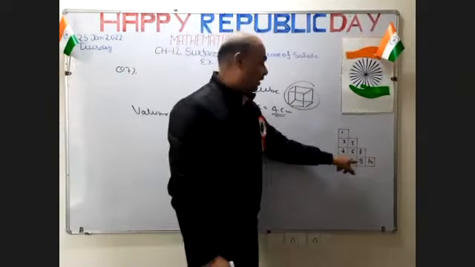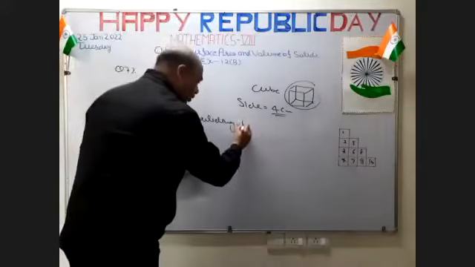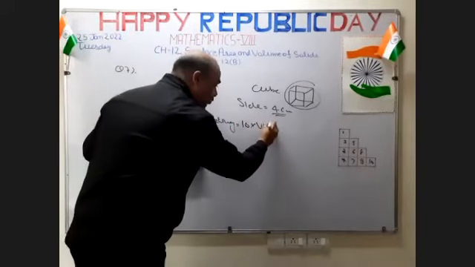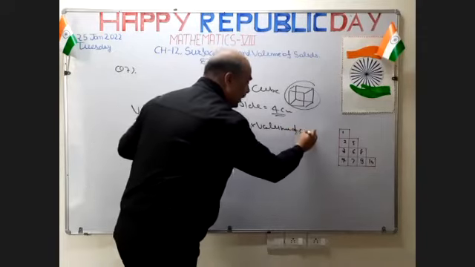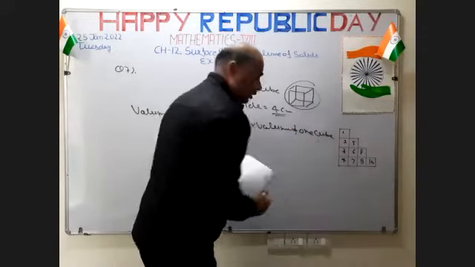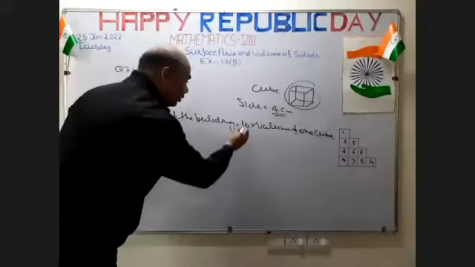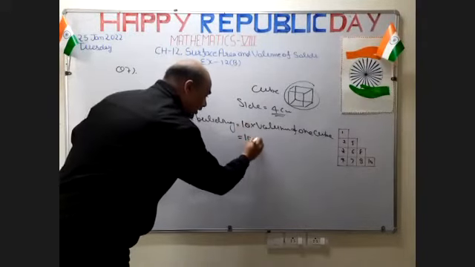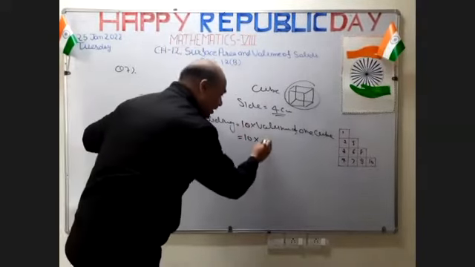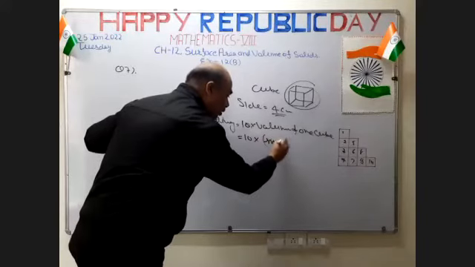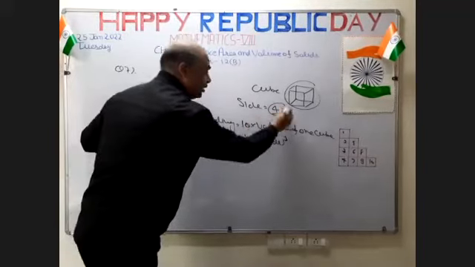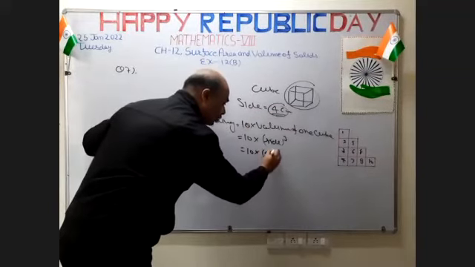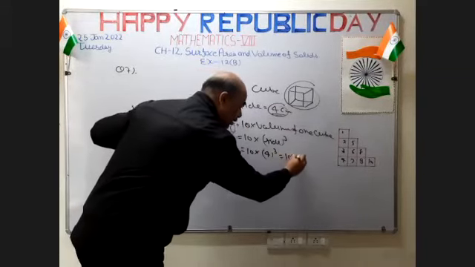So the answer becomes 10 into volume of one cube. The volume of a cube formula is side cube or a cube. Now the side is given. What is the side? 4 centimeter. So right here 4 cube. 4 cube is going to be 64.